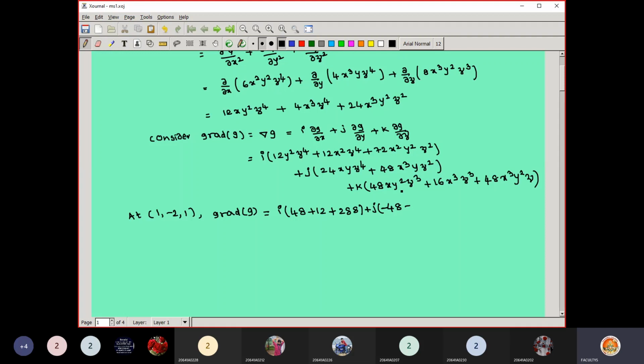So 48 should be multiplied by 4, 192. And plus k. So here you get x y square as 4, so 4 into 48, 192. And plus this becomes 16 x cube z cube, which is 16, and plus 48 x cube value 1, y square is 4, z value is 1.